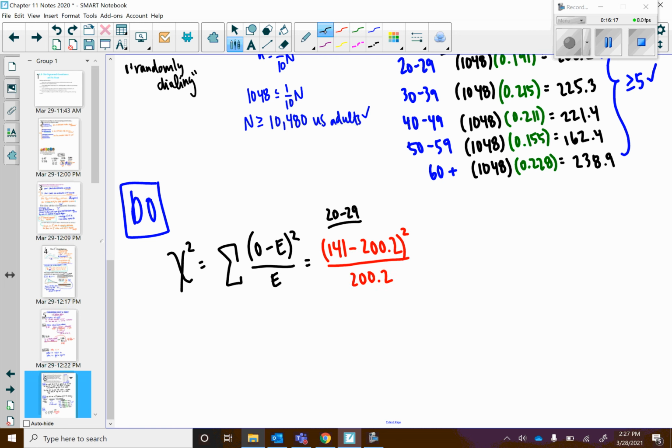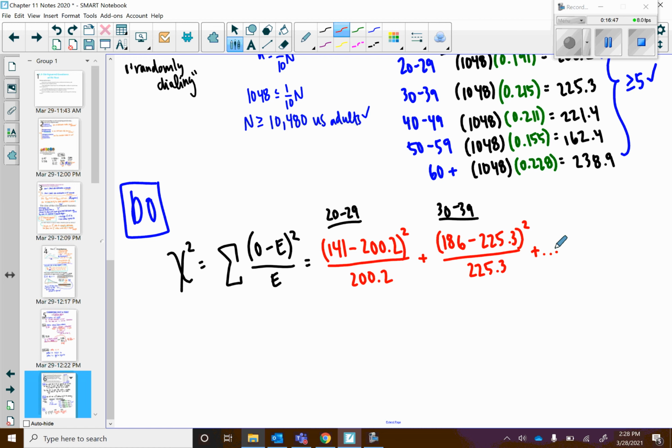And I'll write one more here just for emphasis, plus the 30 to 39 range. The observed was 186 minus the expected 225, all over that expected 225.3. But I would not, and I want to stress this, you do not need to write out all of them, nor should you be calculating them by hand.